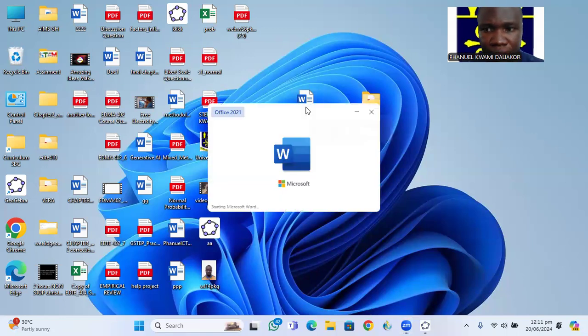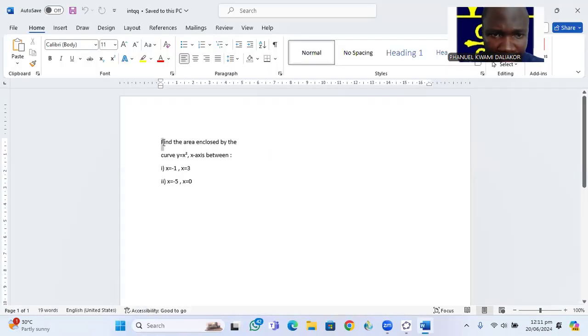So we have: find the area enclosed by the curve y equals x squared, the x axis, between x equals -1 and x equals positive. So let me take this question here and copy.